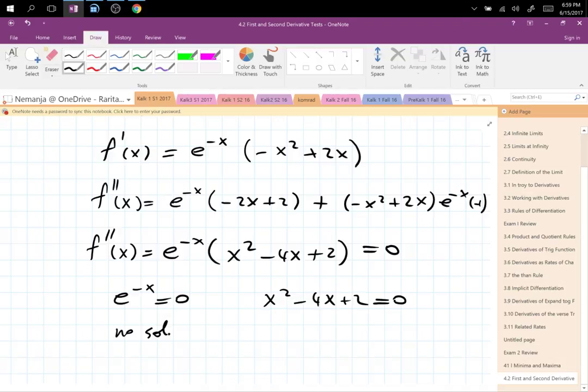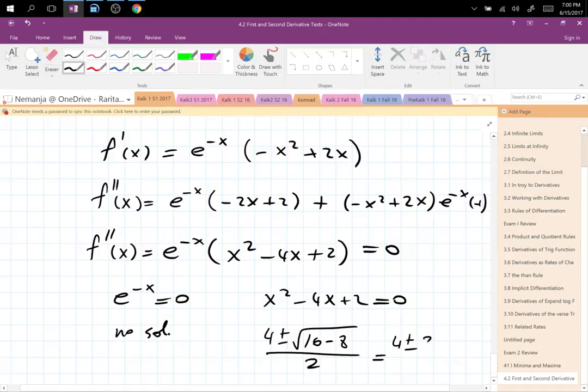If all the other calculations went well, this cannot be factored, so we have to use the quadratic formula. Negative b plus or minus the square root of b squared minus 4ac, divided by 2a, which is 4 plus or minus the square root of 8, which is 2 root 2.